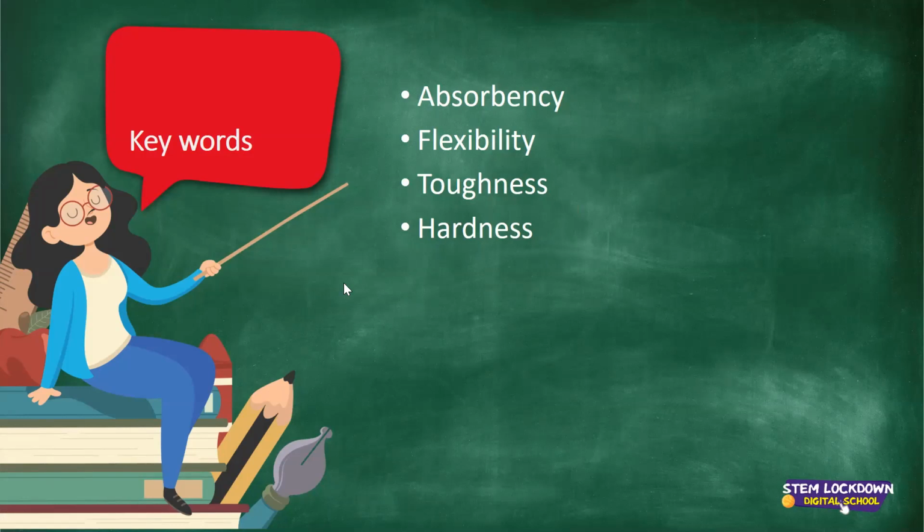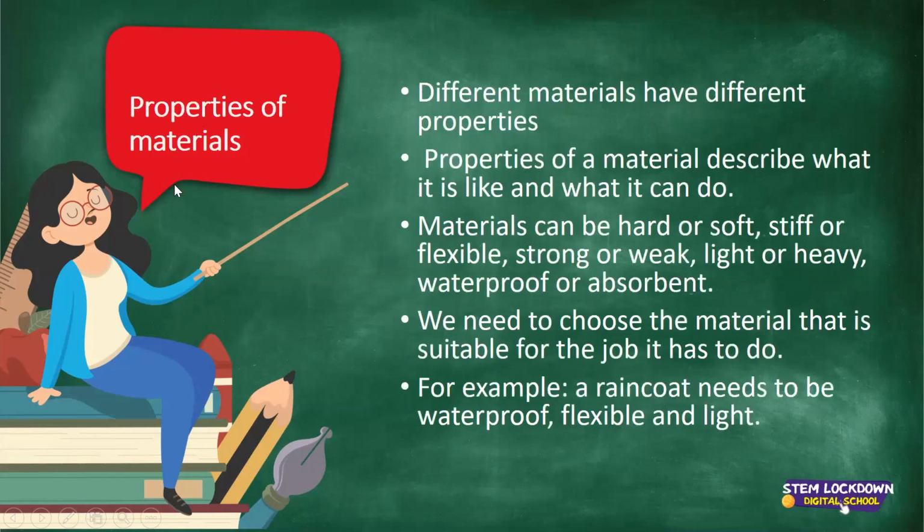Now we'll look at them in relation to solid materials, specifically raw materials as well as manufactured materials. So these are the keywords: absorbency, flexibility, toughness, and hardness. So, properties of materials. Different materials have different properties.